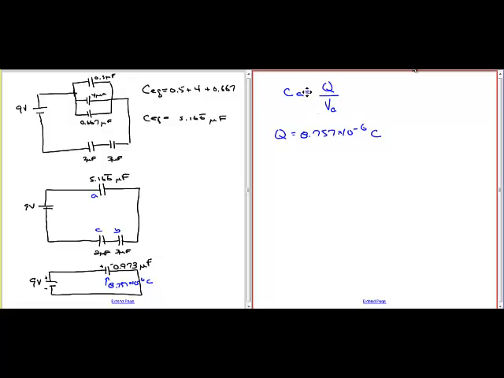The only thing that changes is the voltage. So we're going to solve for the voltage. It's the charge divided by the capacitance. And we do this for each one of these. So the voltage across the capacitor A is the charge, which is equally distributed to each one of the capacitors, divided by the capacitance of each element.